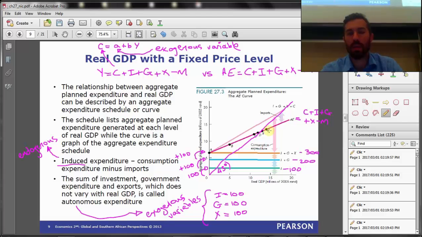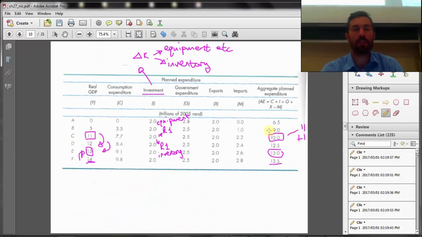The model suggests that yes, the economy will adjust. Why? Because if we're anywhere other than equilibrium, and in this table we look at various points along that aggregate expenditure curve, our equilibrium, the point where output equals the sum of all these other columns, which is aggregate expenditure, occurs when the value of output is 13 and the value of aggregate expenditure is 13.